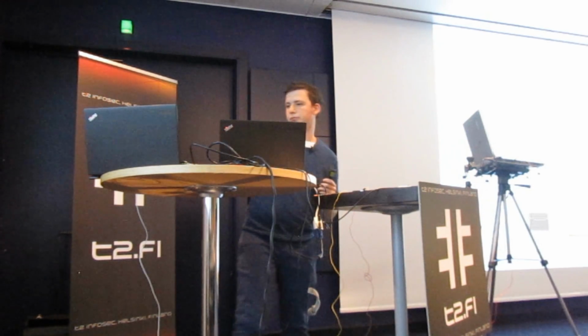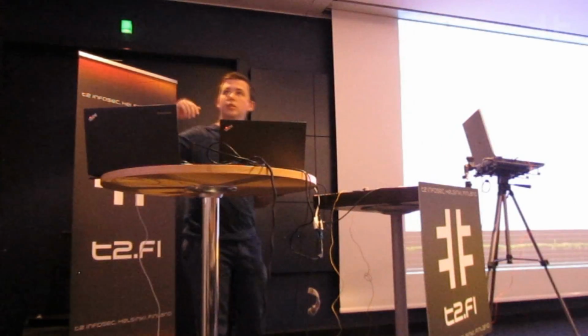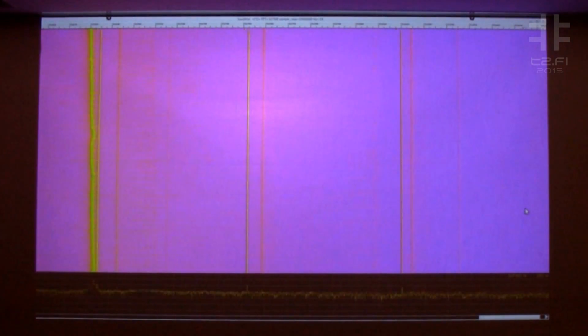So let me show what we can pick up. Here is a spectrogram. A spectrogram is a way to visualize a leakage signal. The vertical axis is the time axis, you see it goes up, and the horizontal axis is the frequency axis.